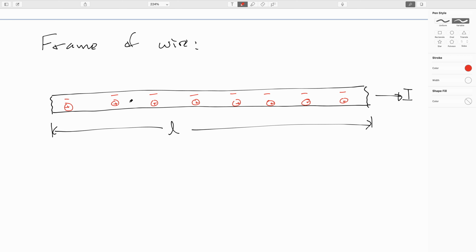And this is because we're assuming that our wire is electrically neutral. All right, so then these electrons here are what are going to be drifting to the left at our drift velocity.